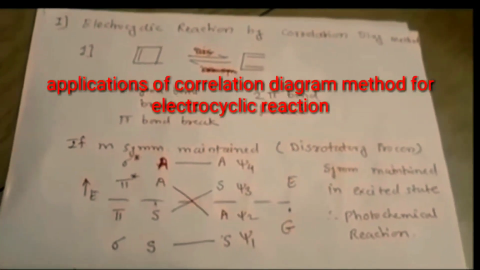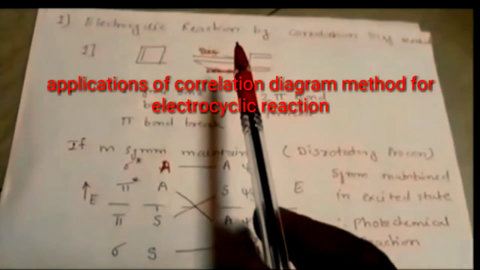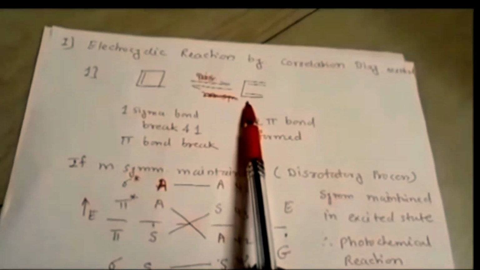Now let us discuss application of the correlation diagram method for electrocyclic reaction. As we discussed in the first part, this type of reaction is known as electrocyclic reaction. So we are going to discuss the correlation diagram method for conversion of cyclobutene into butadiene or vice versa, and conversion of hexadiene to hexatriene or vice versa.